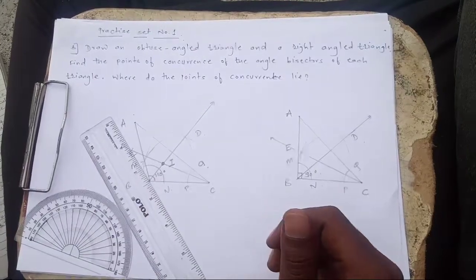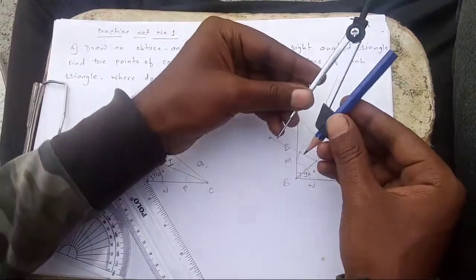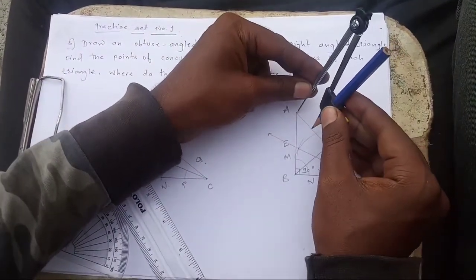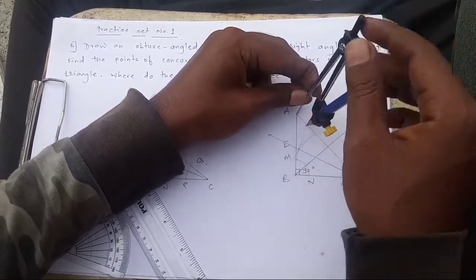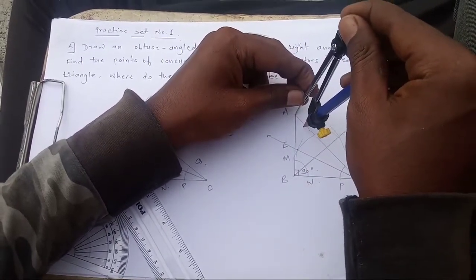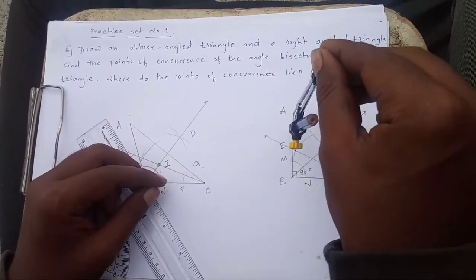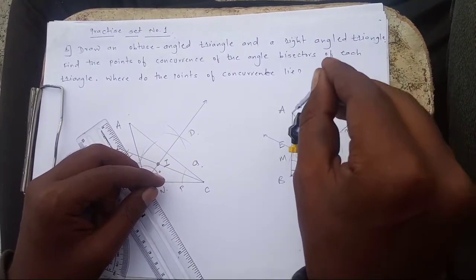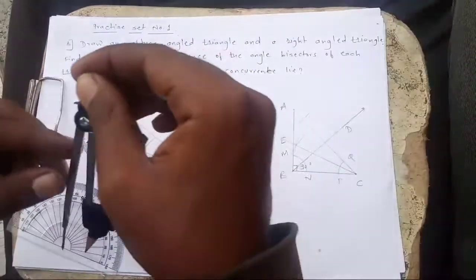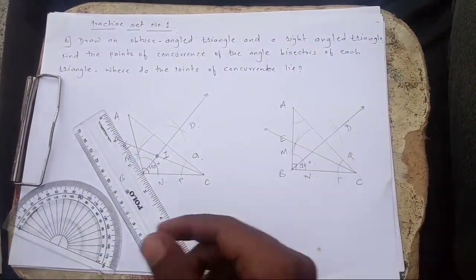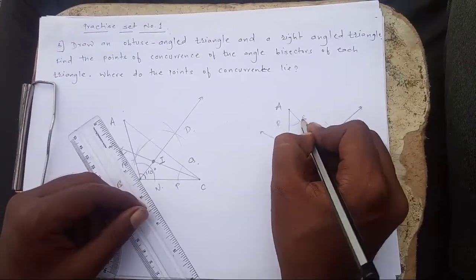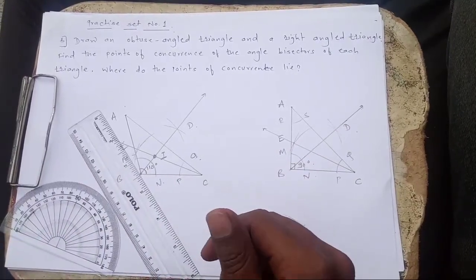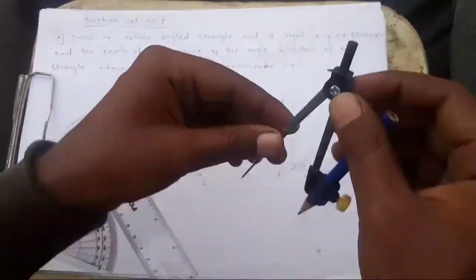Now bisect angle A. Take some distance in compass. Draw a radius, keeping A as a center. Name it as RS. Okay. Now increase a distance in compass.